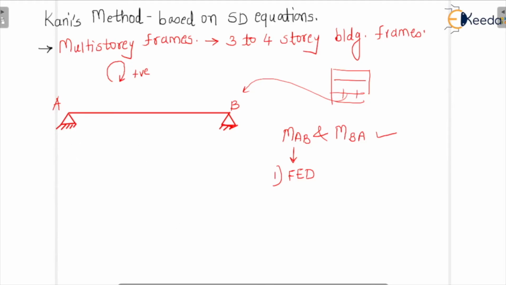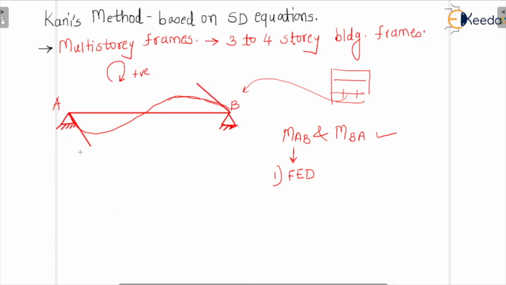Let me draw this diagram first. For this member AB, it can have a rotation like this, and if we draw tangents, it will be like this.